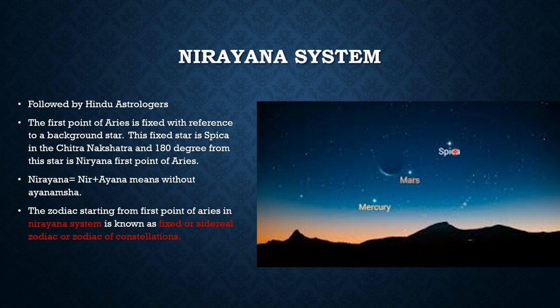Niryana means without Ayanamsha, that's why this name is given. The zodiac that starts from the first point of Aries in the Niryana system is known as the fixed sidereal zodiac, or zodiac of constellations. So it is a fixed point. It is not going to change like in the case of the Sayana system.